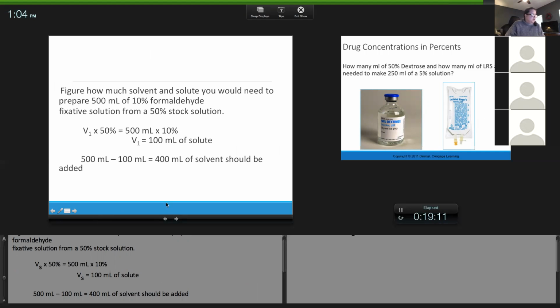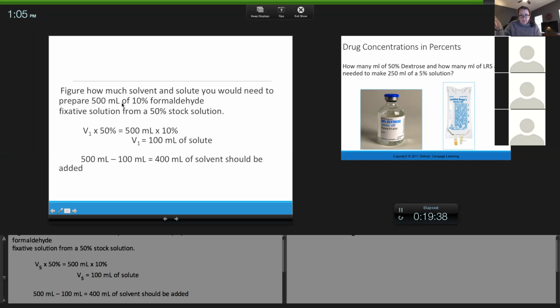So in this situation, it says how much solvent and solute would you need if you want to make 500 mLs of a 10% formaldehyde solution. What we want to end up with is 500 mLs of 10% solution.